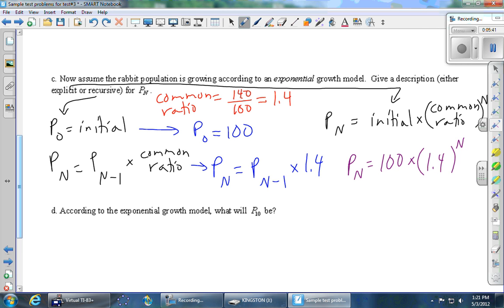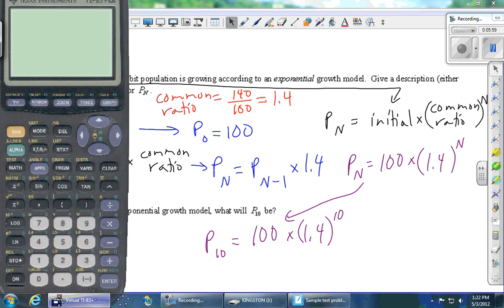And we're going to use that formula to answer part D. According to the exponential growth model, what will P10 be? So we just replace: P10 equals 100 times 1.4 raised to the n, in this case 10.